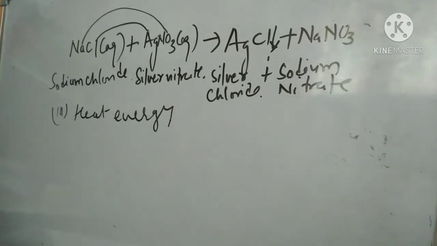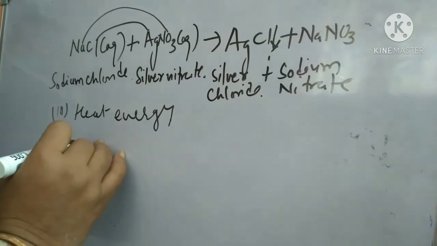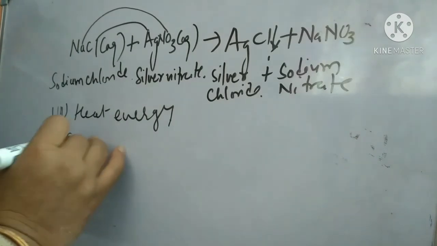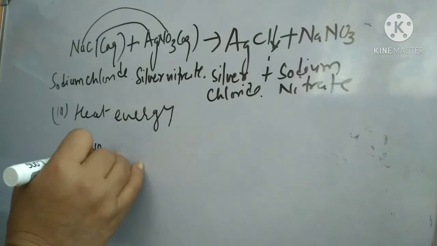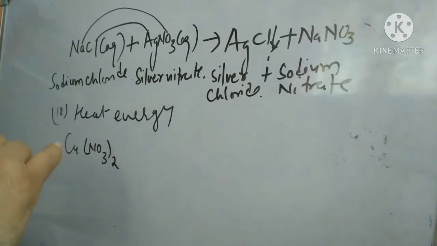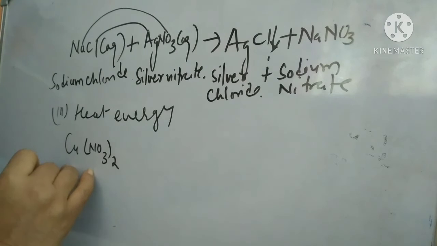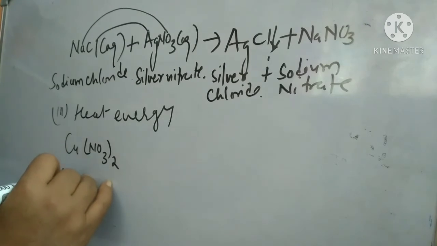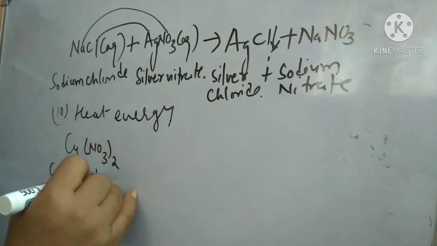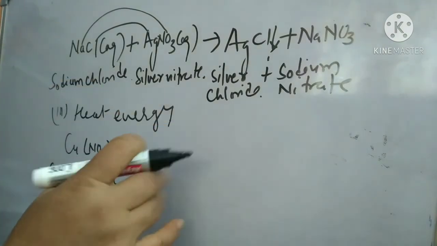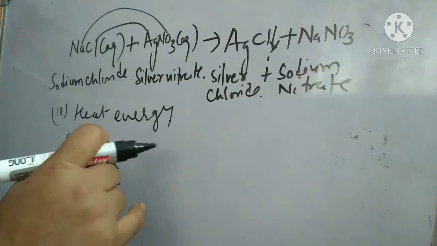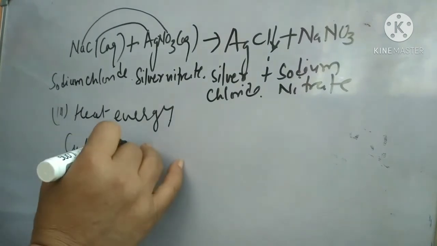Now in this we can take the example of copper nitrate. Copper is Cu, nitrate is NO3. So Cu2+ and NO3 1- will be Cu(NO3)2. So copper nitrate. So the reaction will only take place, it will decompose only in the presence of heat.